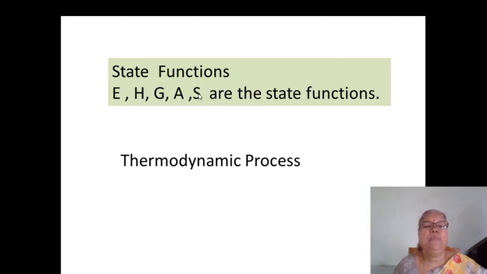Here entropy is also a state function. It depends only on the initial state and final state of entropy, and the change in entropy is given by delta S, which is S2 minus S1, meaning the entropy of final state minus the entropy of initial state.